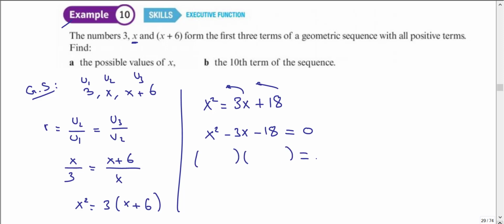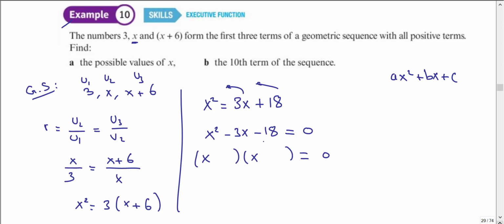Factorize if you can, or put it in the calculator if you can't, but I'm sure you can. If you can't, for any other reason, put it in the calculator, solving equations. The one with ax squared plus bx plus c will give you the answer. But as long as it's factorable and simple, you can do it.